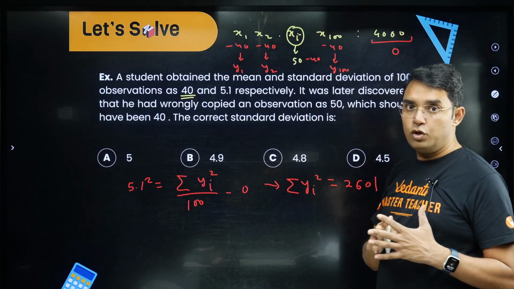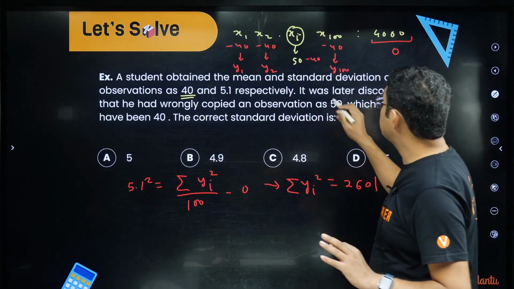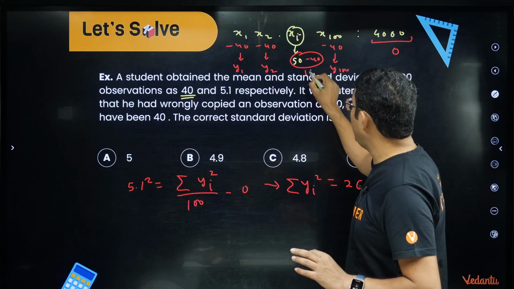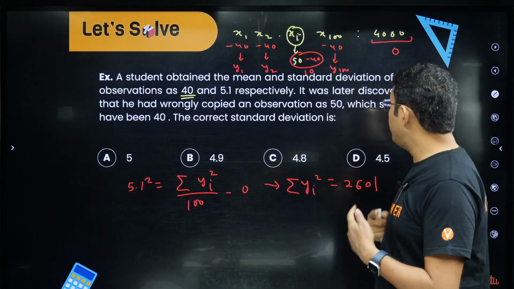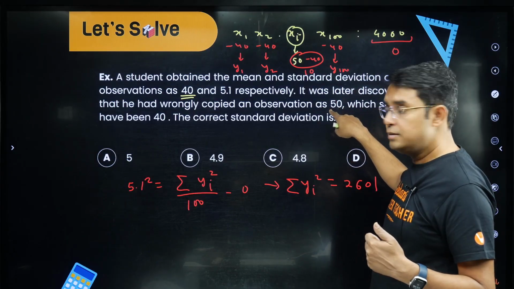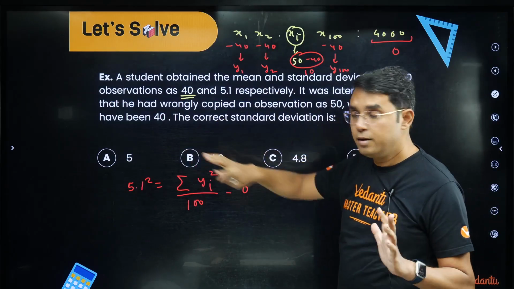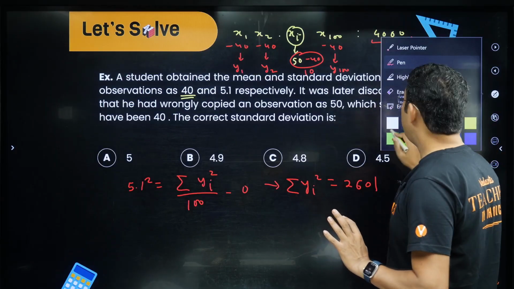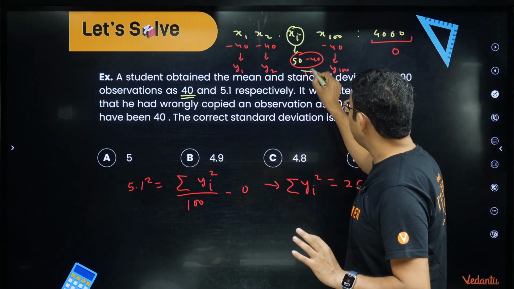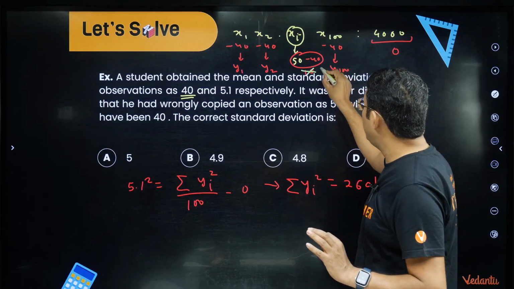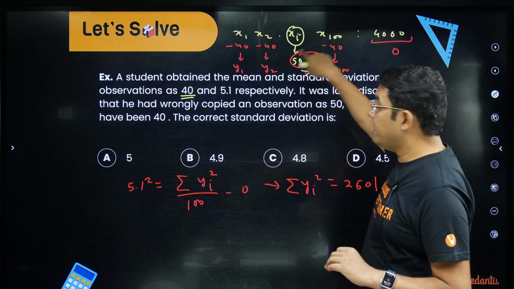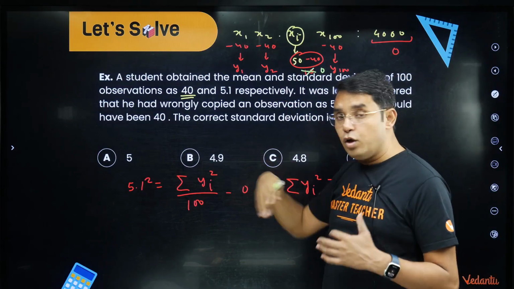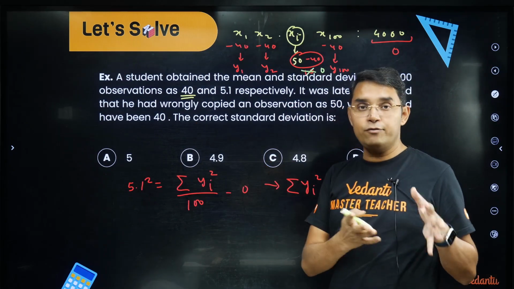So for the data which we have obtained after subtracting 40 from each of them, the sum of their squares will be 2601. Now dear students, please understand, this was some disputed data for us. This is 10 as of now, but we will replace this 50 by 40, because this 50 was wrong, which means we will remove this 10 and add 0 here. Because I have subtracted every data by 40, the new data will also be counted after subtracting 40 from it.